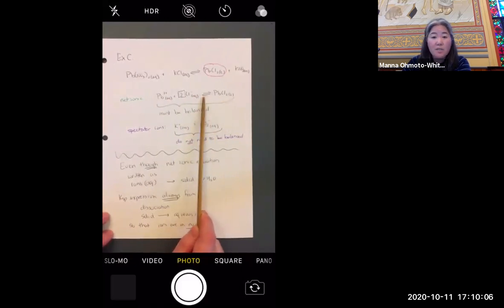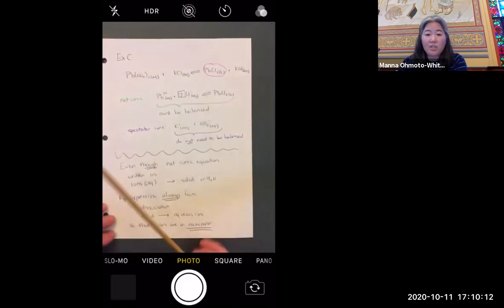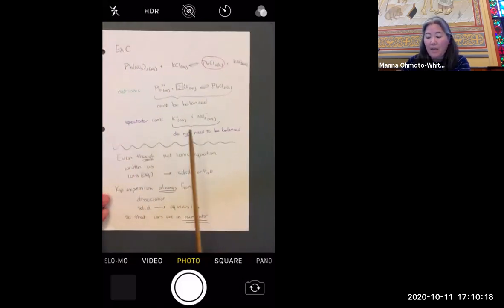I can go ahead and put a double-headed arrow because I know that there's a KEQ value for this. When I write my net ionic equation, I act as if there is no KEQ value, but we actually do have to acknowledge that. My spectator ions are my potassium +1 ion and my nitrate -1 ion, and they are both aqueous. And again, these don't have to be balanced.